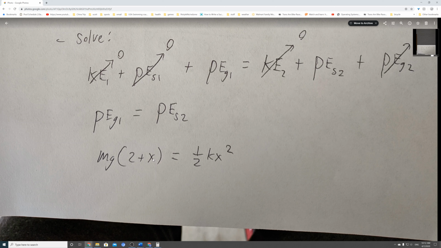The x is how far the spring is compressed, equals whatever energy is stored in the spring. Since the spring was uncompressed, there was no initial energy at the beginning. There's only the energy due to it being compressed, which is the x. The amount it was compressed or stretched was defined as x.